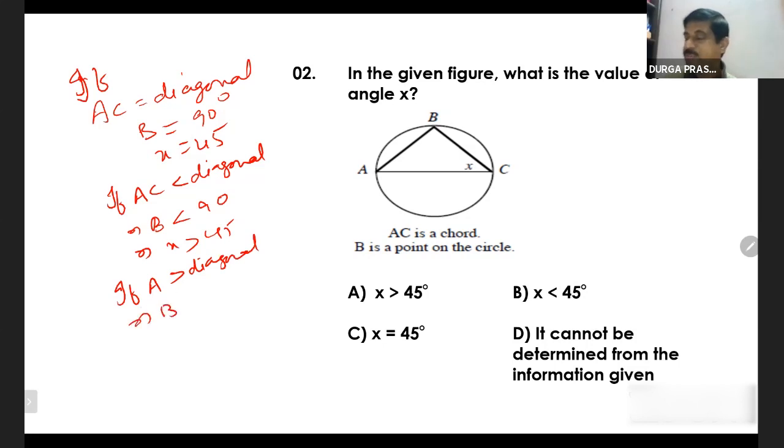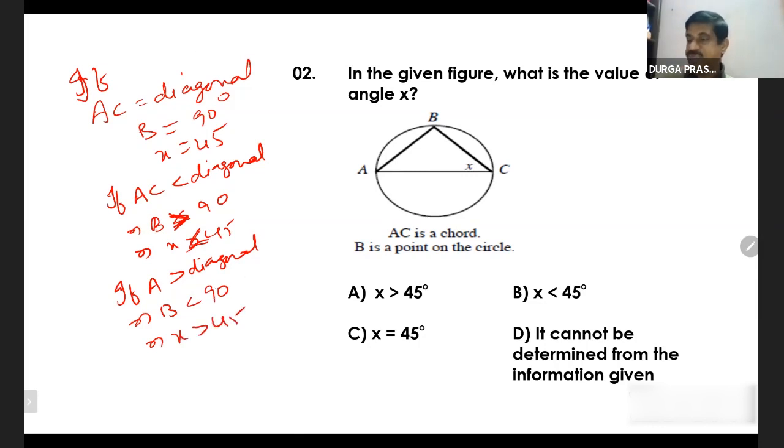No, here if AC is lesser than the diameter it means it goes up, angle B is greater than 90, not lesser than 90. So that means angle A should be lesser than 45. So in this case, angle B will be lesser than 90, implies angle x will be greater than 45.